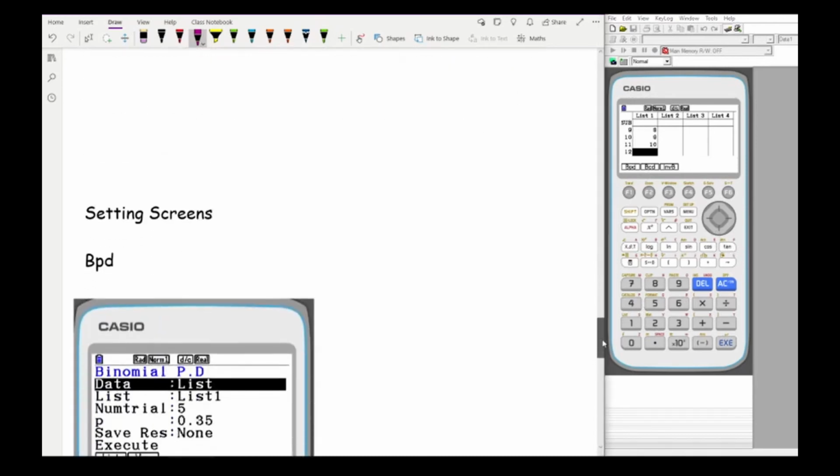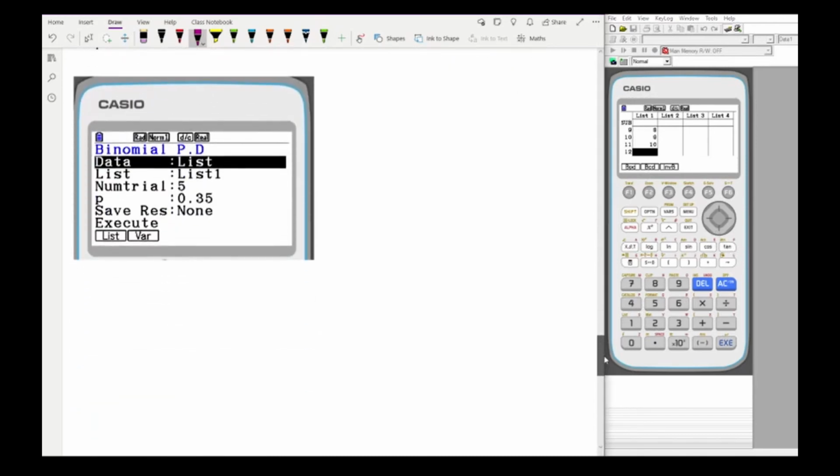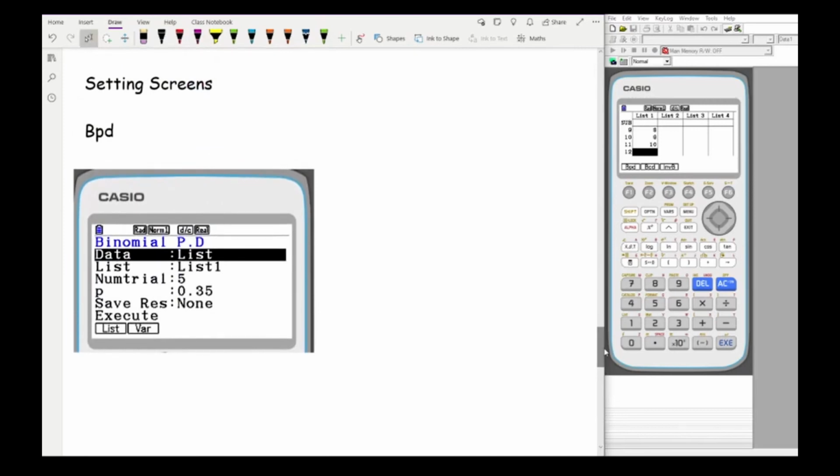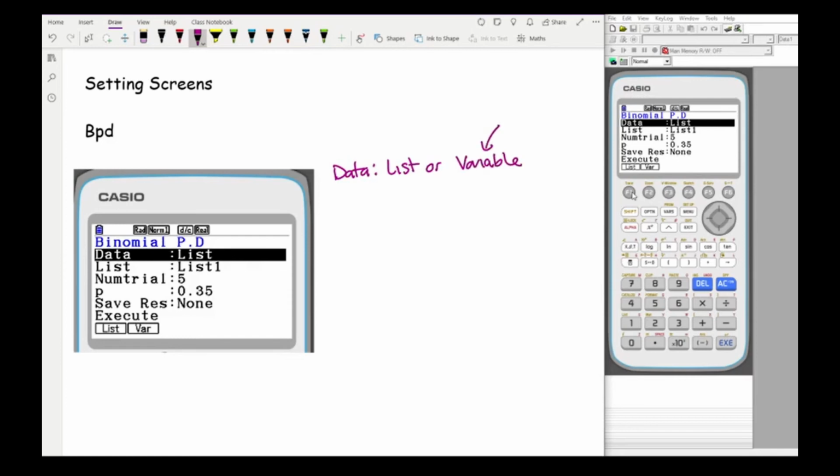Now, when we enter those two modes, you'll come up with these two screens. If we just look at the BPD mode, bit of a tongue twister, you'll come up with this. For your data, you've got a choice: you can choose either a list or variable. Variable, as we discussed, only gives you certain values, so you're only going to work with certain values of X that you will type in.